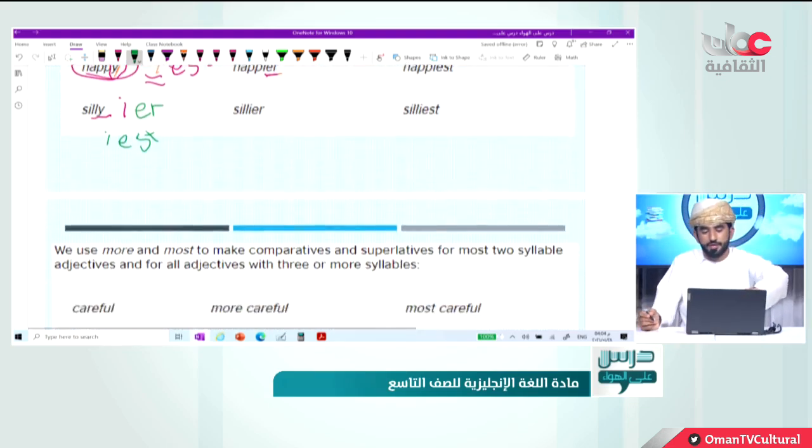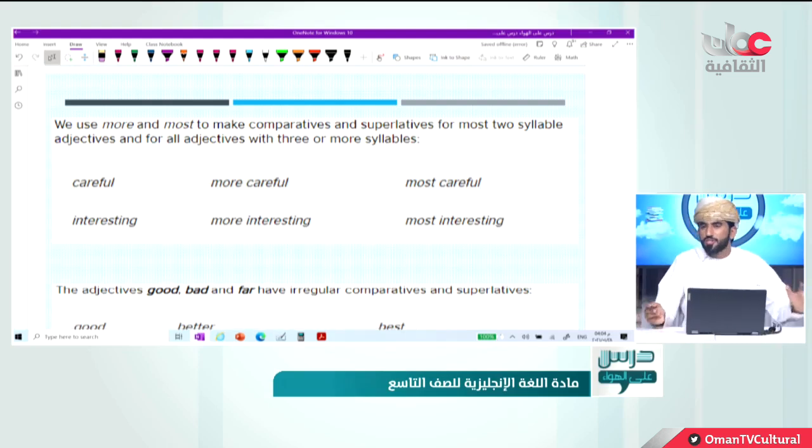Nice. Okay, just to add more information to your knowledge, you've got careful. I don't want you to read the top of it, but really focus with me. You've got careful and also interesting. Look, more careful. Do you remember we said more expensive? Why did we say more careful here? Because, yes, it has more than one syllable. And also most careful doesn't change.